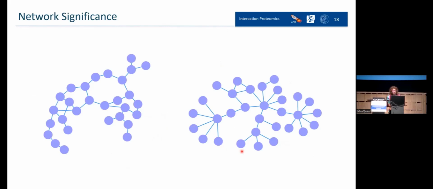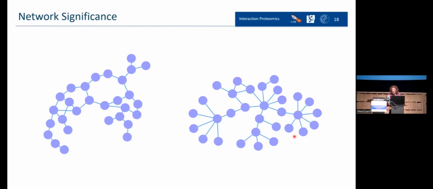Then here I want to show you two networks. I don't know if you're already familiar with them, but one is a good network and the other one is not. And how is it possible to discriminate between a good network and a bad one? Well, the first idea is that usually in biology, networks tend to look more like this.